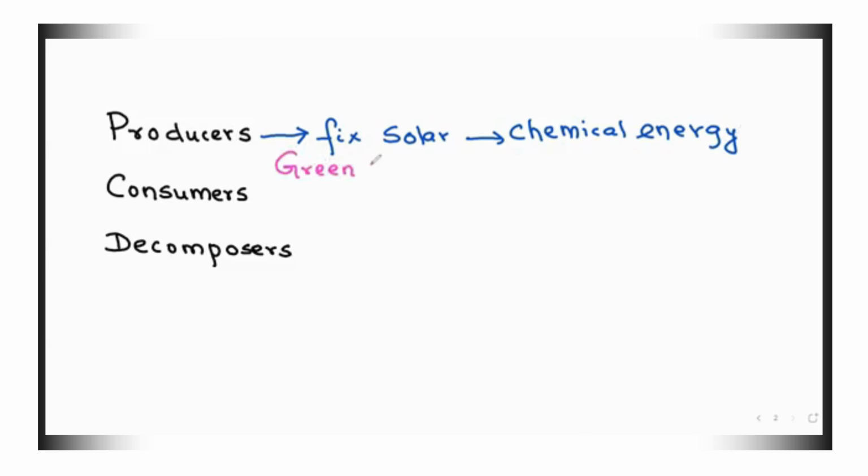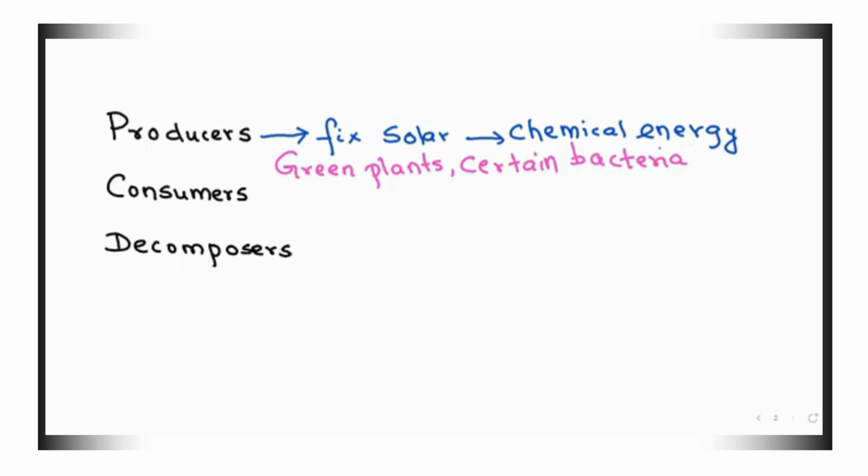As you know, producers are those organisms which can fix solar energy into chemical energy. Normally this is done by green plants. Don't simply write plants; it should be written as green plants and certain bacteria. These are the major producers of our environment.